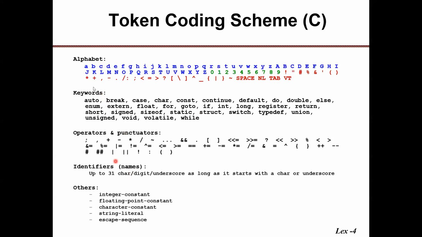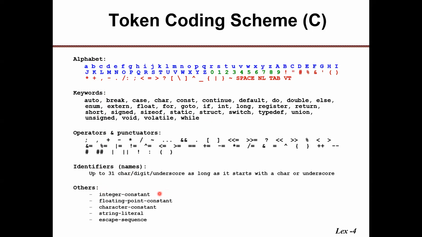So in addition to these classics, the alphabet, the keywords, the operators, the identifiers, most programming languages have other things that they want the compiler to be able to recognize and classify input as well.